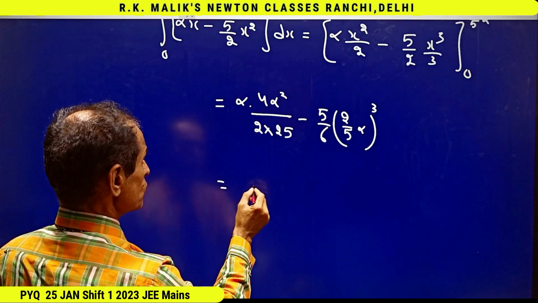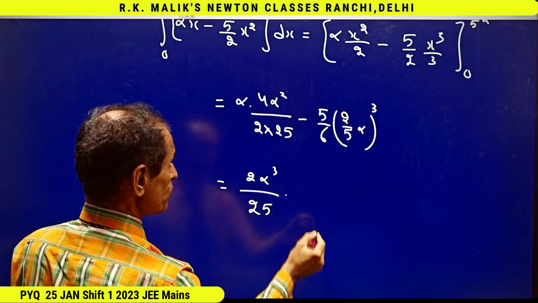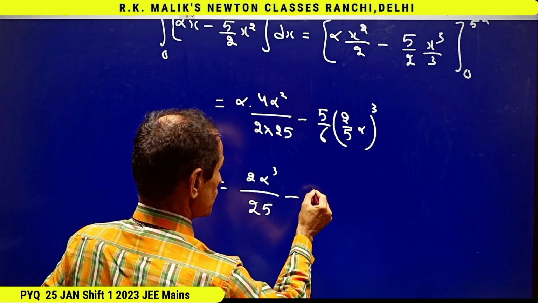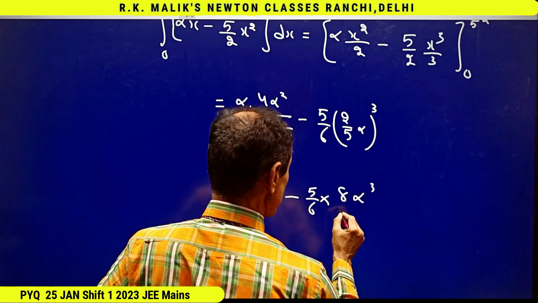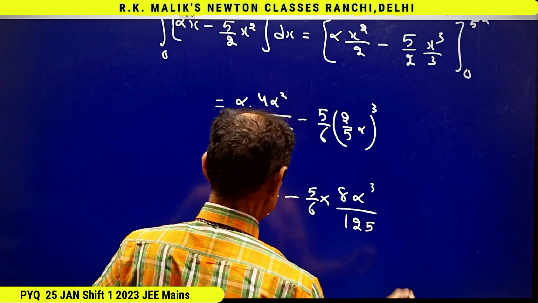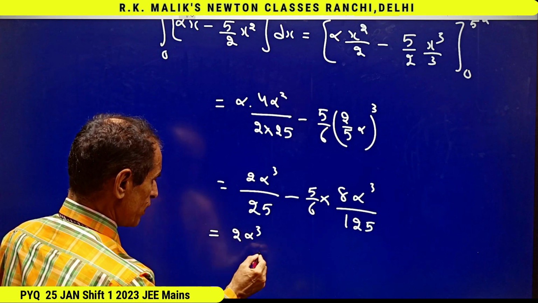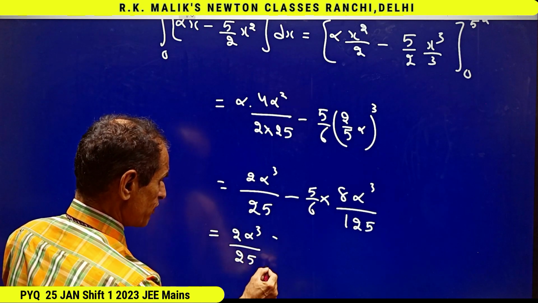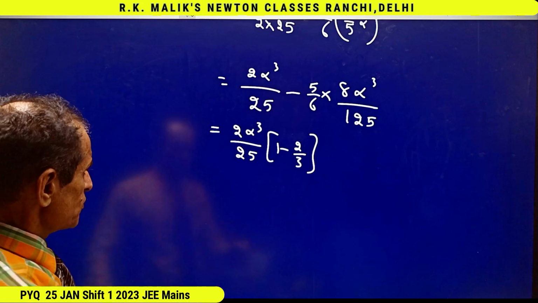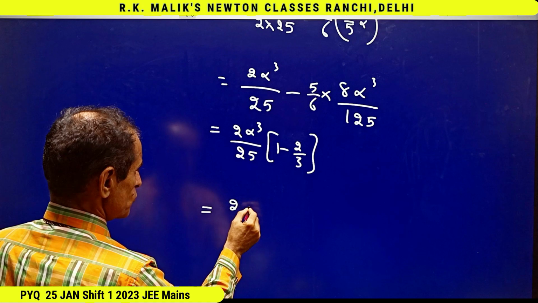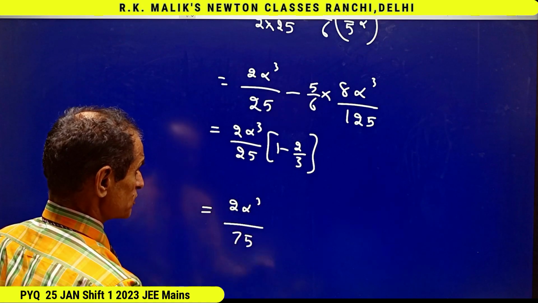This is equal to 2 alpha cube by 25 minus 5 by 6 into 8 alpha cube by 125, that is 2 alpha cube by 25 into 1 minus 2 by 3, that is I get 2 alpha cube by 75.